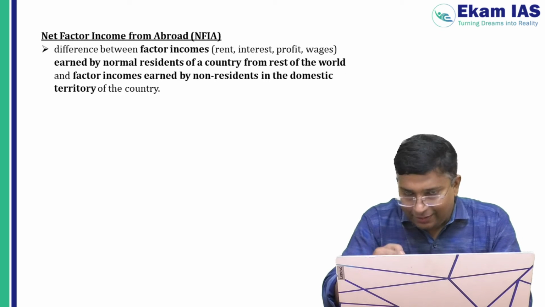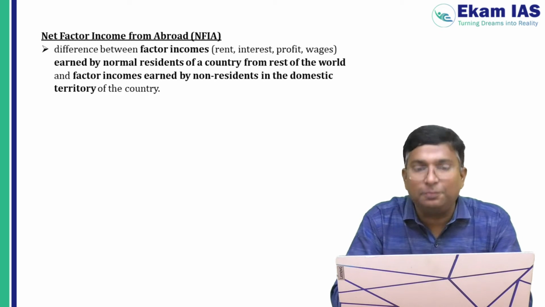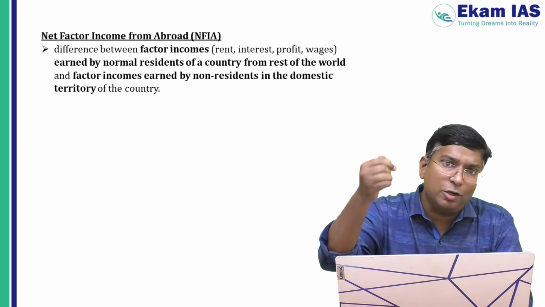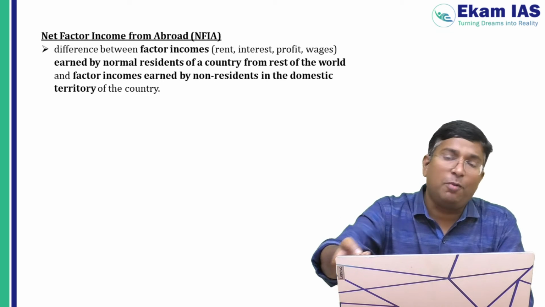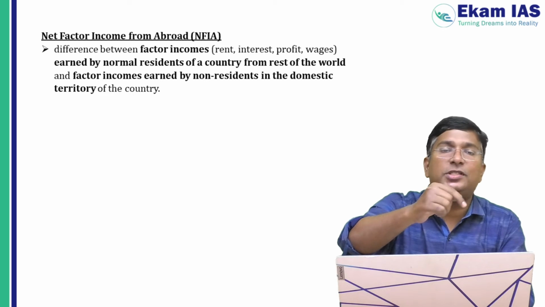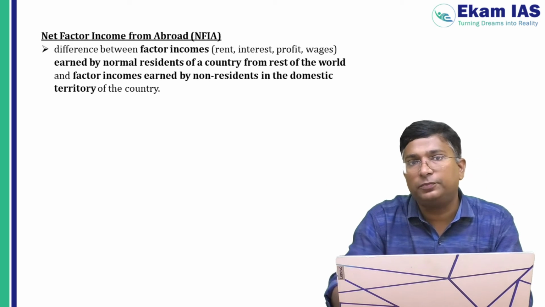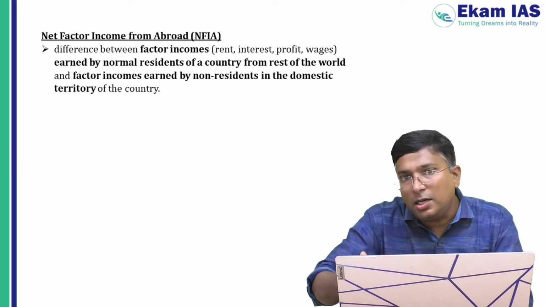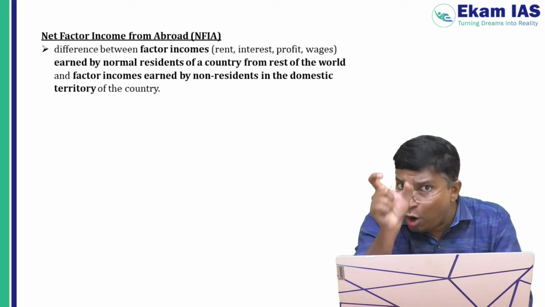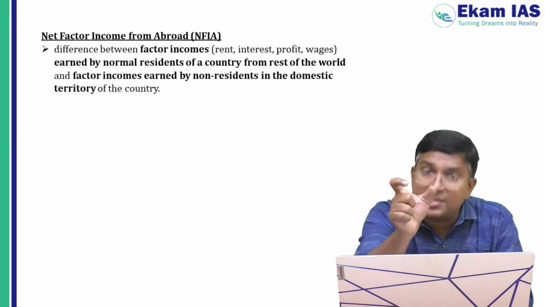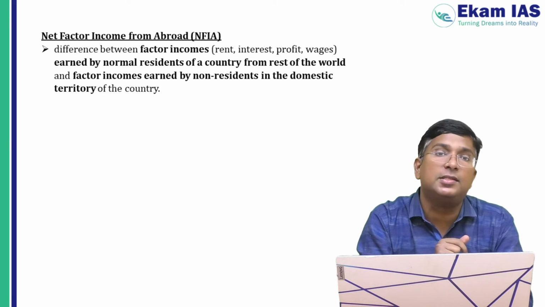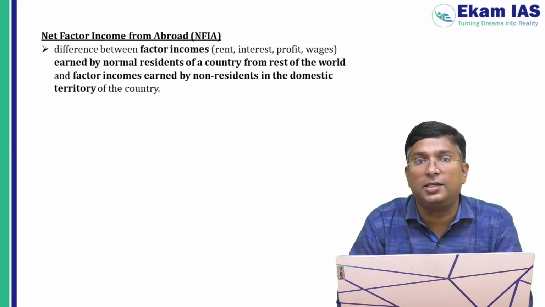After finding out the factor income earned by the normal resident from outside the domestic territory, or from the rest of the world, then we will find out the factor income earned by a non-resident, who is not a normal resident, in the domestic territory.